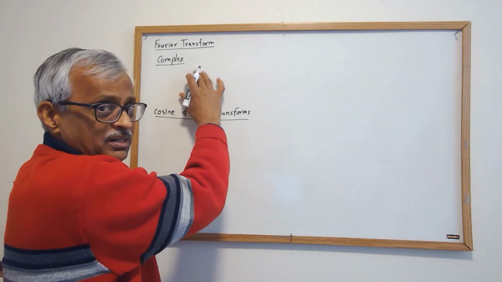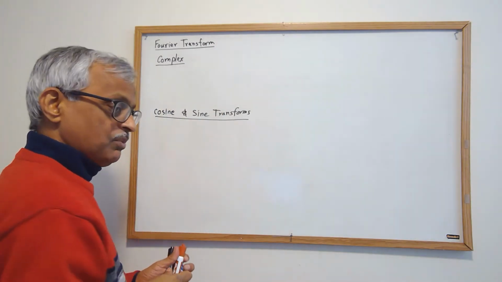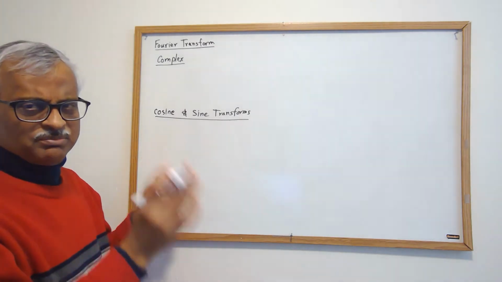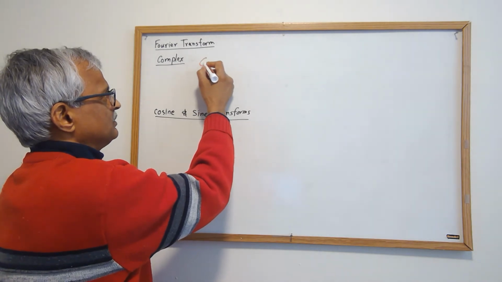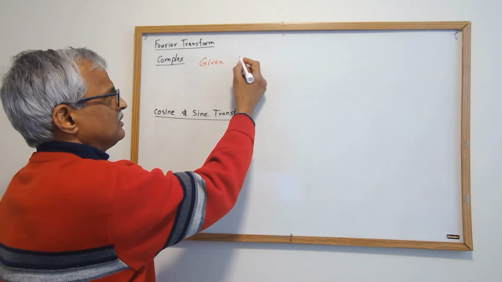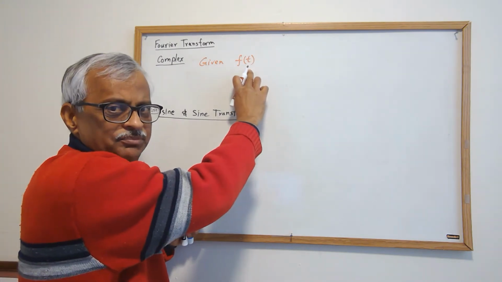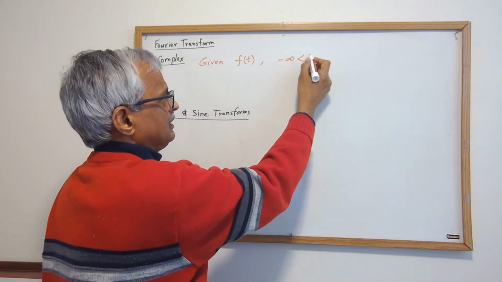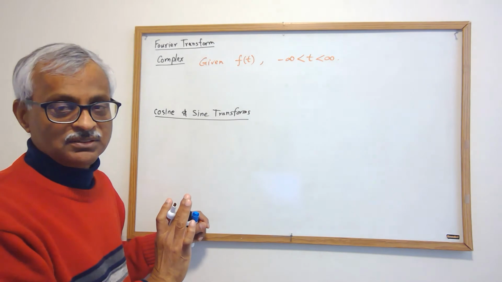So what we have been given is a function, periodic, non-periodic, whatever, some generic function. Given f of t, where t ranges over minus infinity to infinity. Okay, so that's given to us.